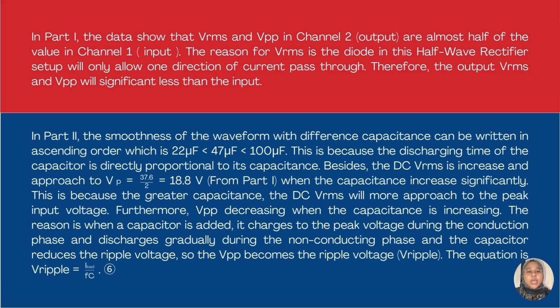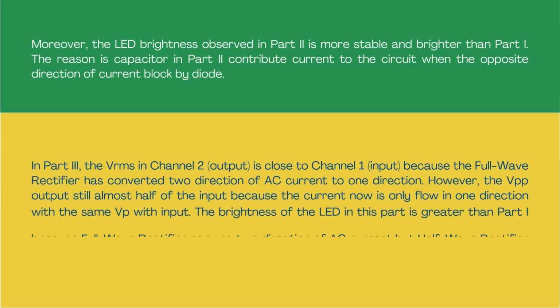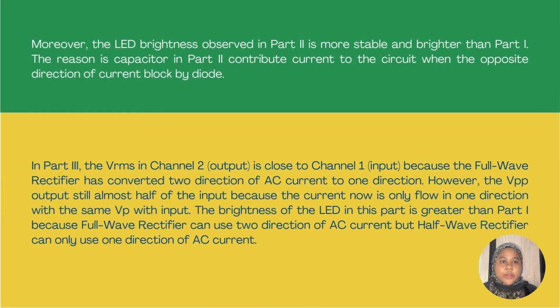The formula is V ripple equals I load over fC. However, the LED brightness observed in part 2 is more stable and brighter than in part 1. The reason is the capacitor in part 2 contributes current to the circuit when the opposite direction of current is blocked by the diode.